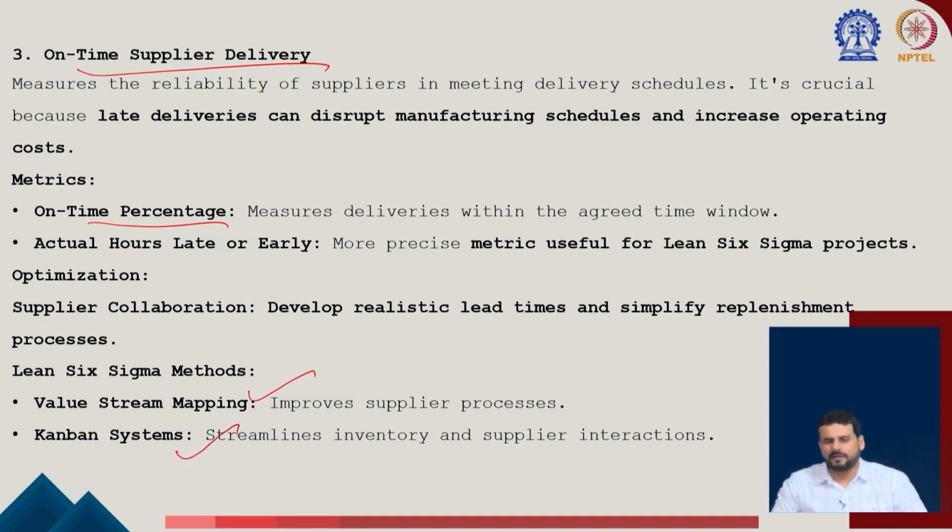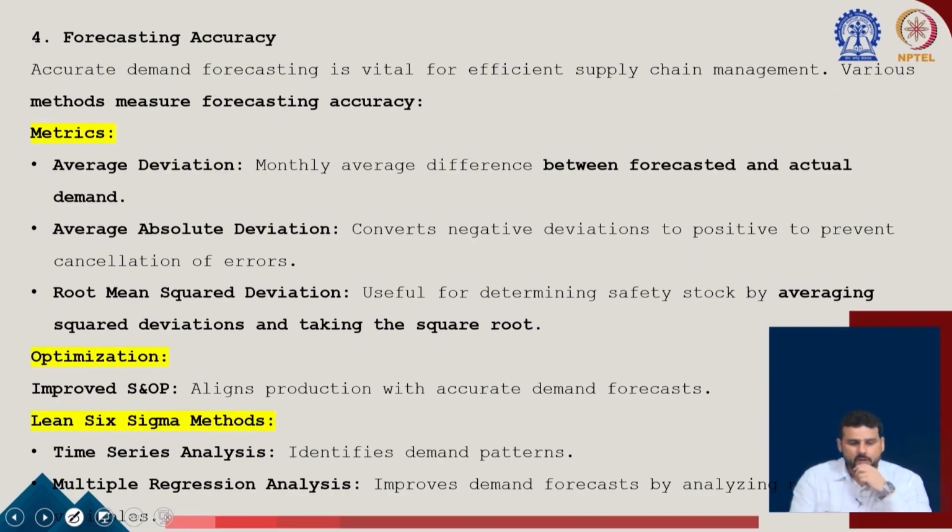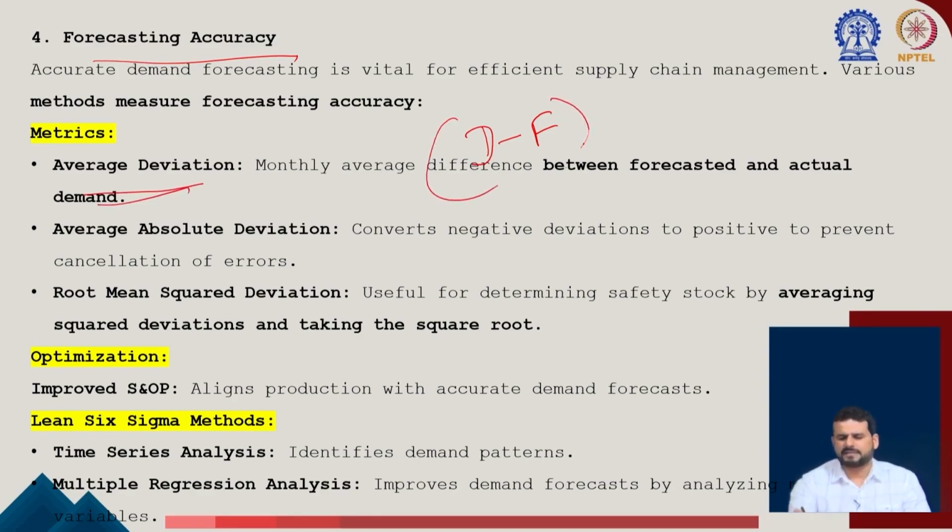Whenever the demand is coming from the customer, you can quickly replenish the inventories and start the manufacturing process, right? Forecasting accuracy: usually we calculate, let's say this is the actual demand, this is the forecasted demand. If you are measuring the average deviation, whatever the deviation is, is the error in the forecasting, right?